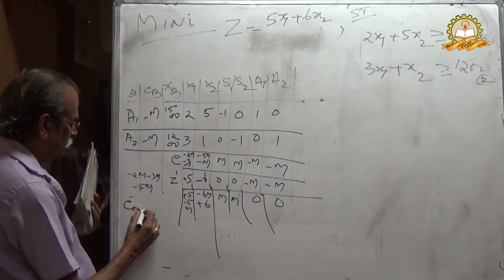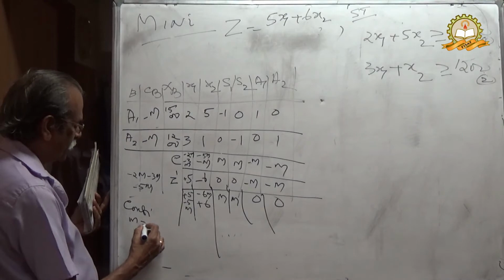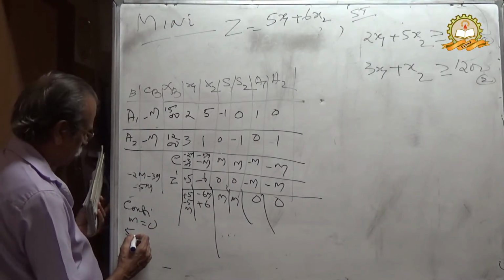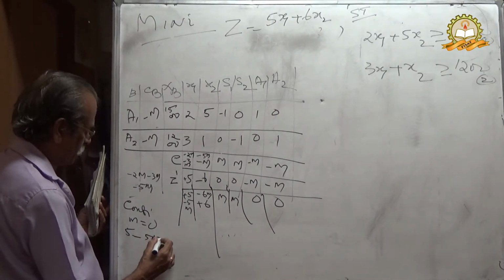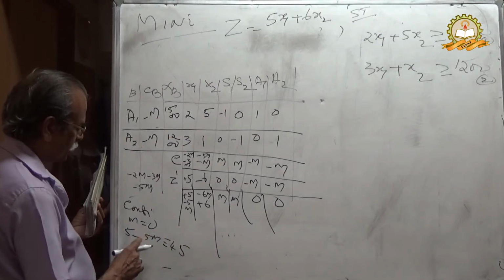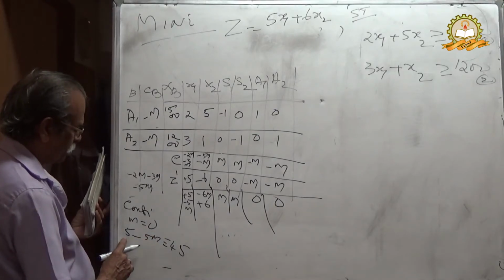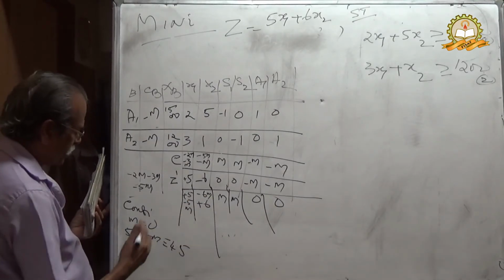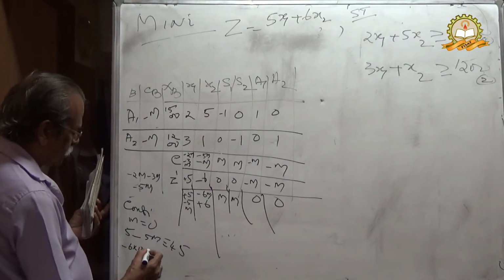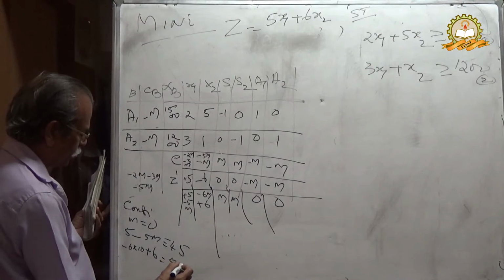Consider M equal to 10. Therefore, 5 minus 5M becomes negative 45: negative 50 plus 5, negative 45. In this case, minus 6 into 10 plus 6 equals negative 54.